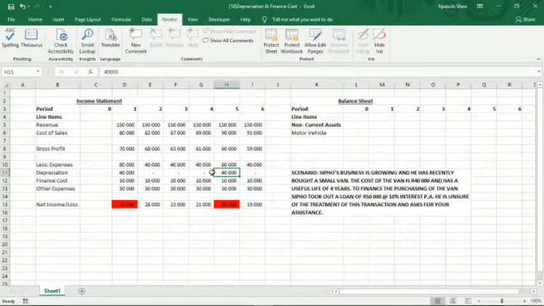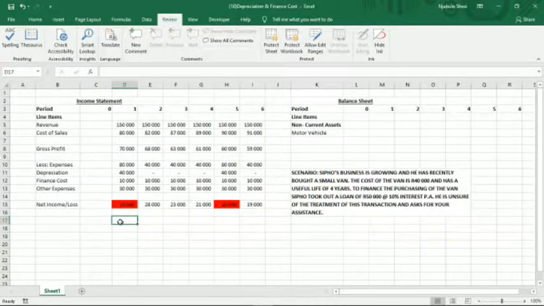He has capitalized the cost of the van, which is incorrect, because remember, guys, that financial statements are prepared in accordance with certain rules or certain frameworks. And the proper treatment of depreciation is to allocate it over its useful life.